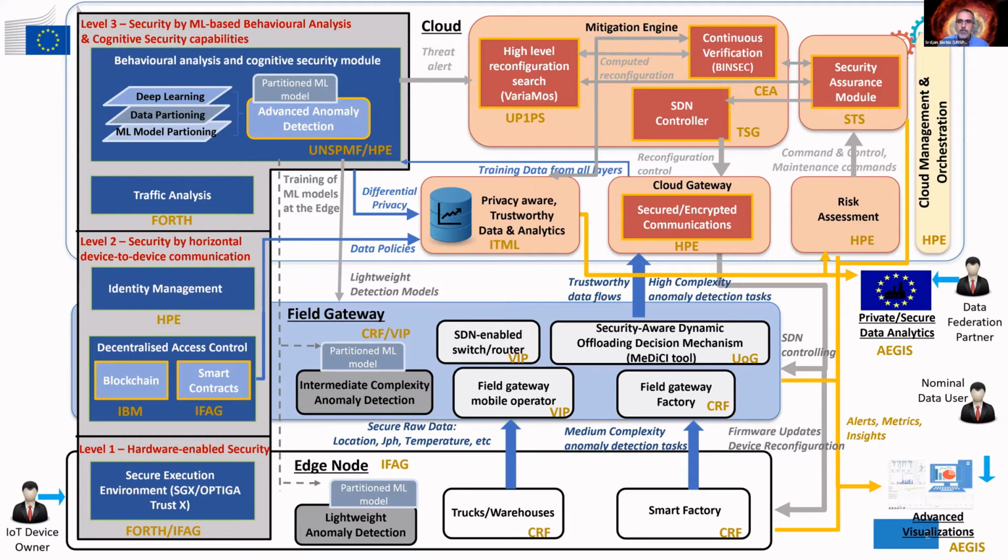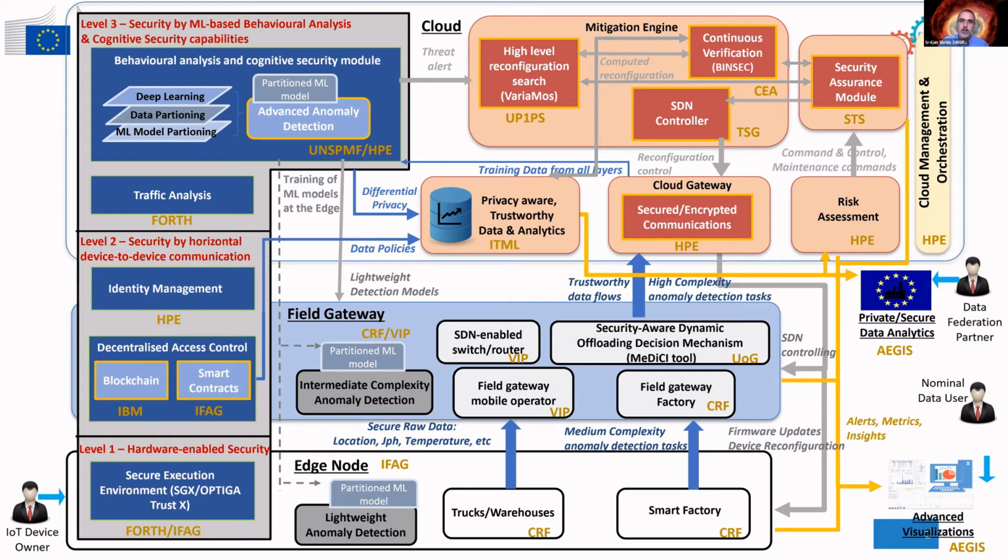That then communicates with the mitigation engine, and within the mitigation engine there are three components. BINSEC continuous verification checks the firmware of those devices at the edge for anomalies.